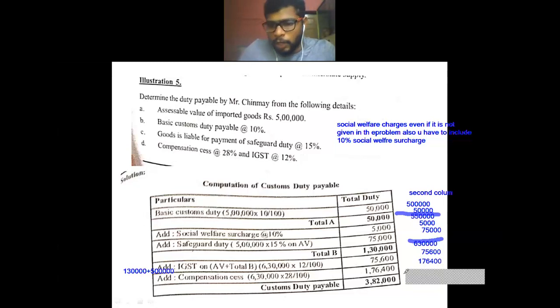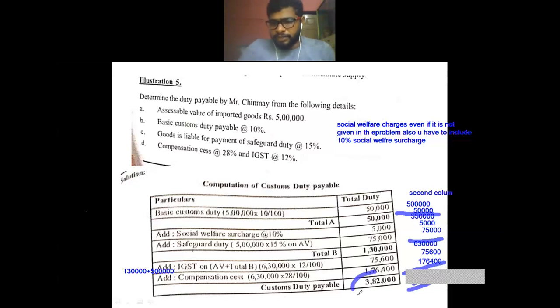Therefore value of the imported goods is how much? 6,30,000 plus 75,600 plus 1,76,400, that is 8,82,000 is the value of the imported product.